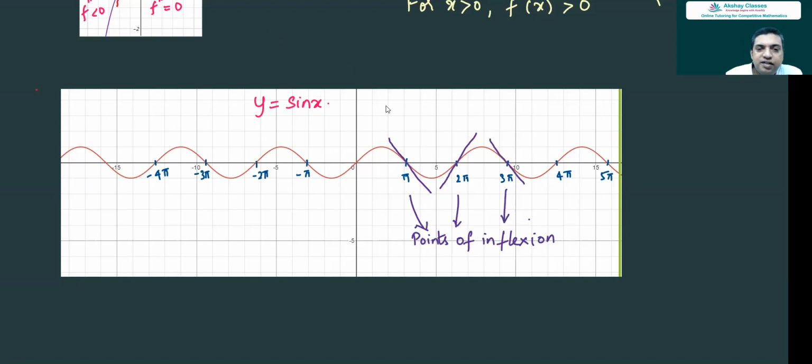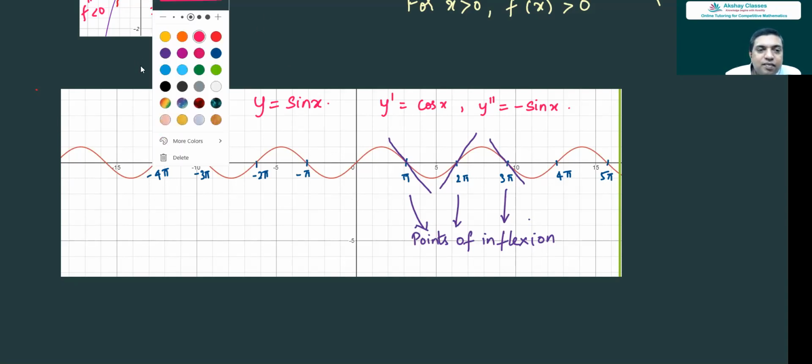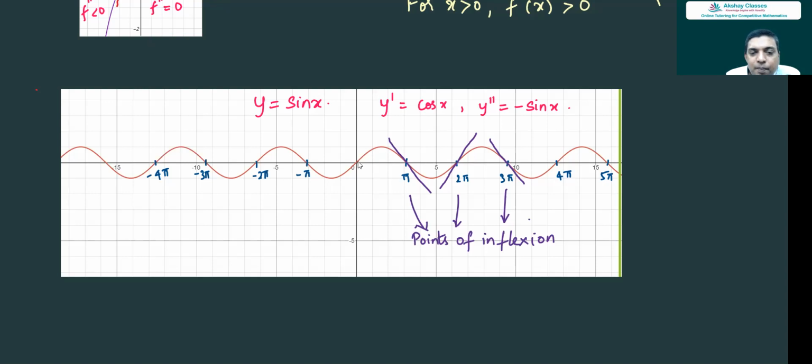What is the derivative of sin x? Cos x. What is the second derivative of sin x? Minus sin x. I'll write it as f. So between 0 and pi, the second derivative is negative.